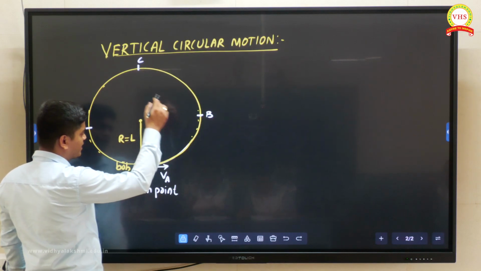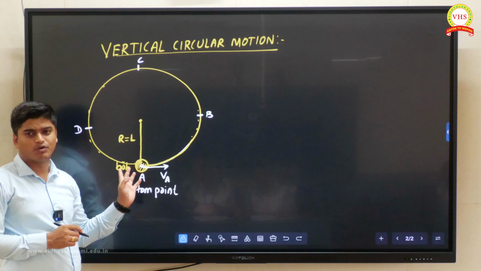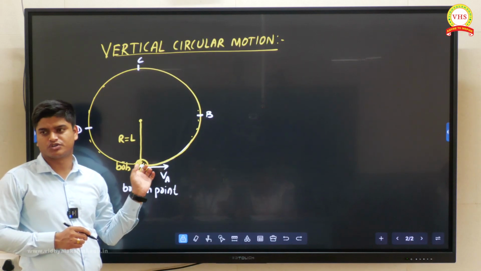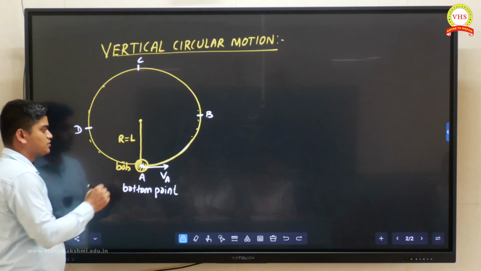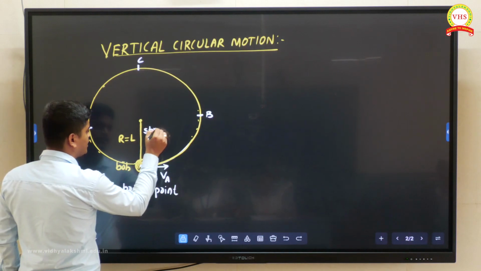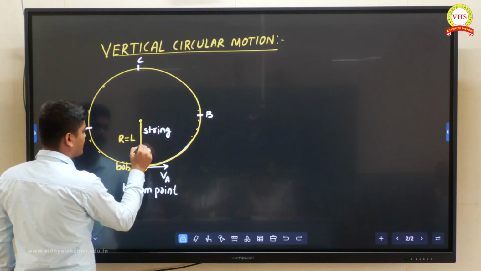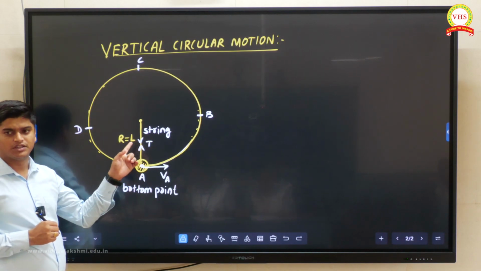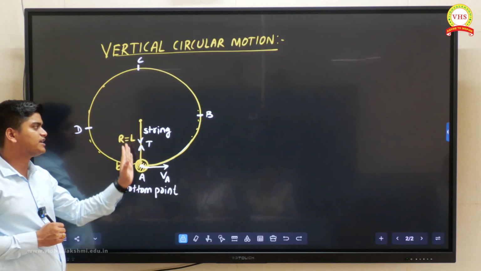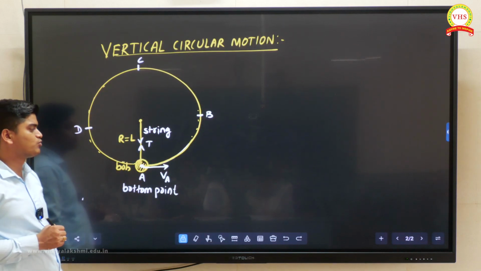So you know, if a particle moves in a circular motion, definitely one force is required for motion. That force is called what basically? Centripetal force. Now this is your string. In the string there will be tension T. The tension T will provide the necessary centripetal force to move this particle in a circular motion.